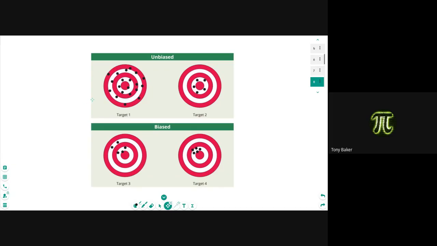And if you took all the distances to the center, it's probably going to end up averaging up to be close to the center, just like this one is. Where these two, if you looked at them, the averages are skewed. They're not at the center. So those are biased results. If you're a shooter, either one of these actually would be better than this one because you want tight groupings, but not when you're looking at statistics.